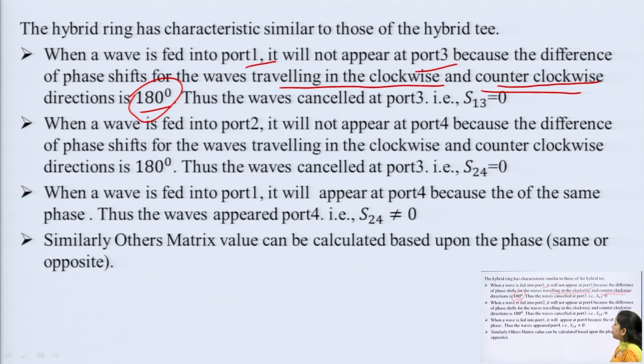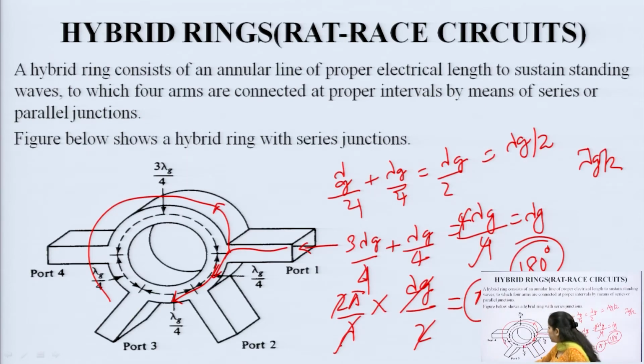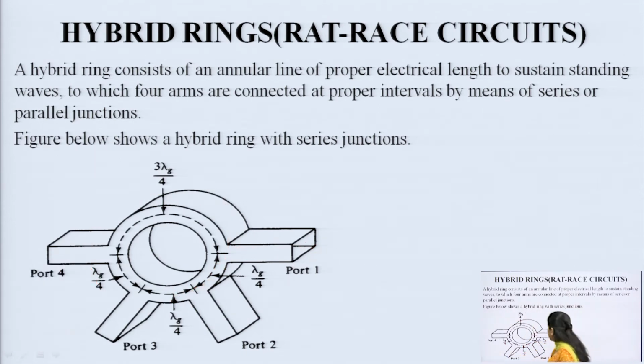When a wave is fed into port 2, it will not appear at port 4 because the difference of the phase shift is again equal to 180 degrees. I think all of you are able to calculate this: when power is given to port 2, it will not appear at port 4.